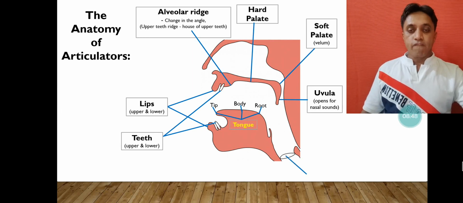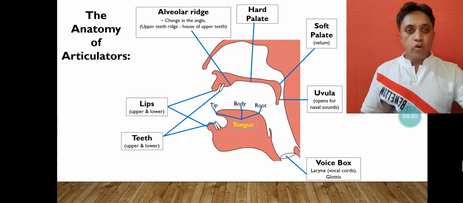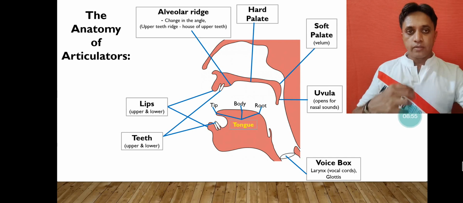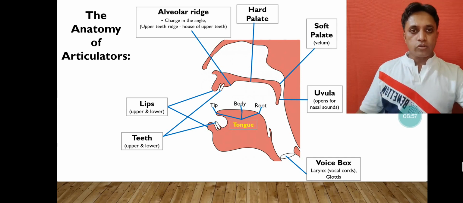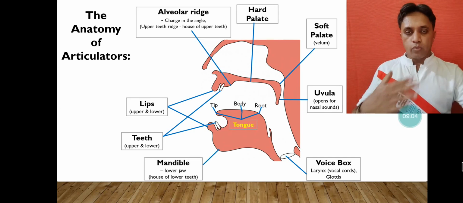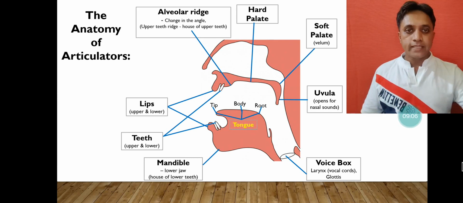The next is the voice box. In it are vocal cords, the muscles that move to create the voice, and it is also called larynx, glottis, or the house of vocal cords. And then we have mandible, the lower jaw, and the house of lower teeth.